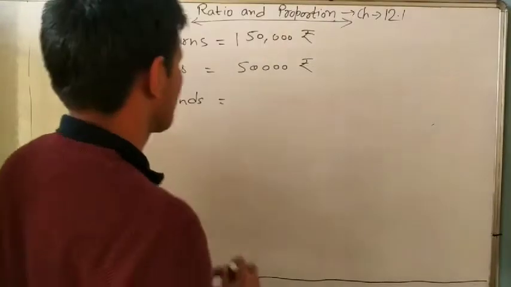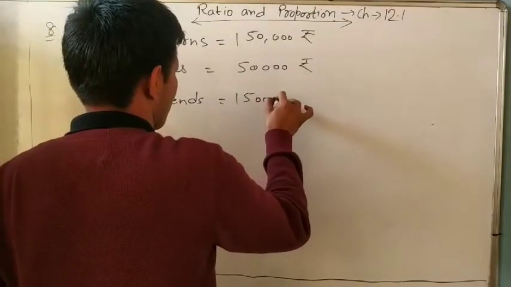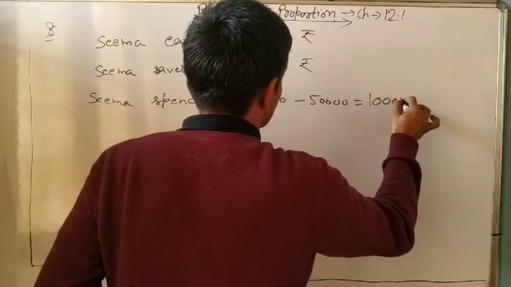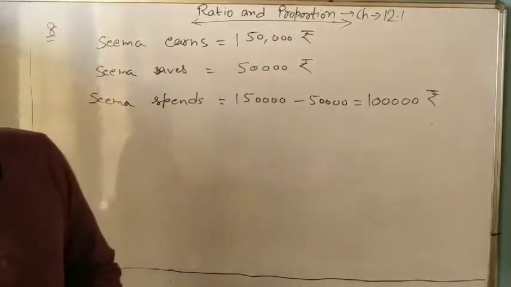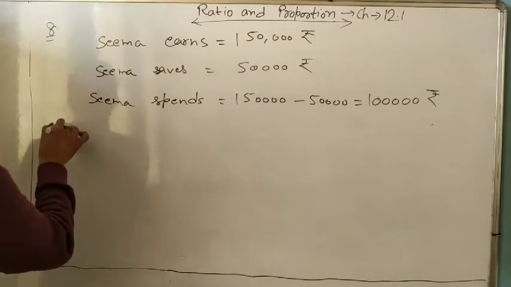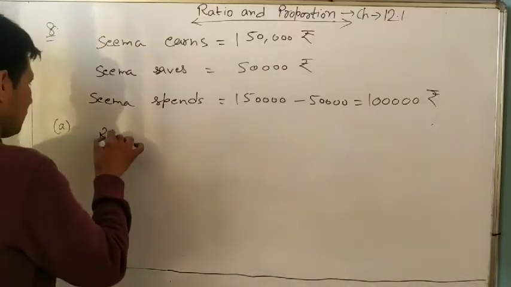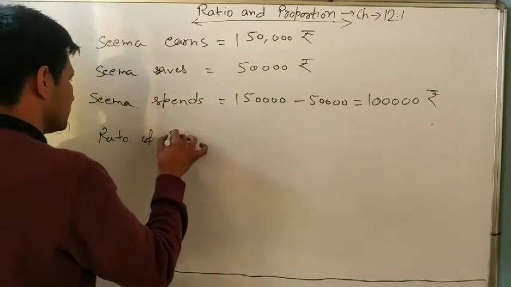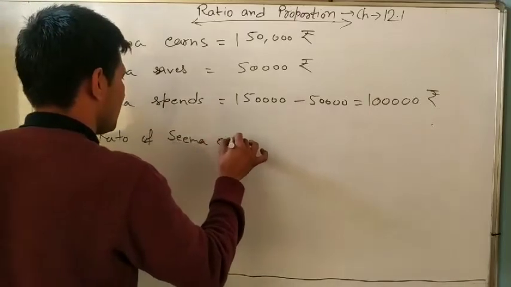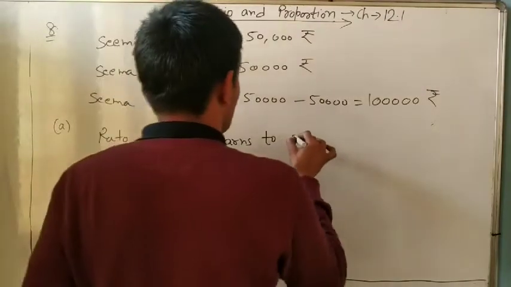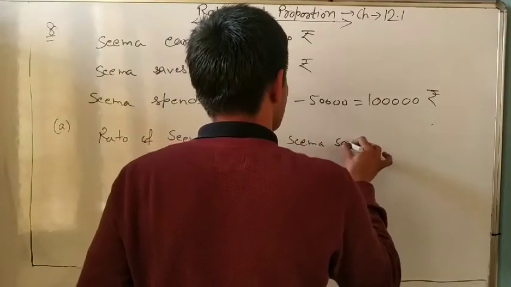Seema. So next part, in the first part we have to find the ratio of money. Find the ratio of Seema earns to Seema saves.